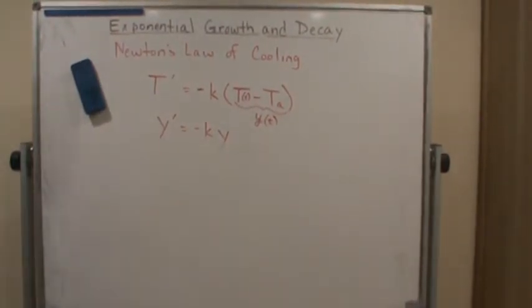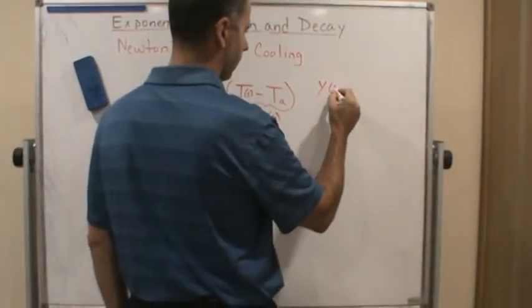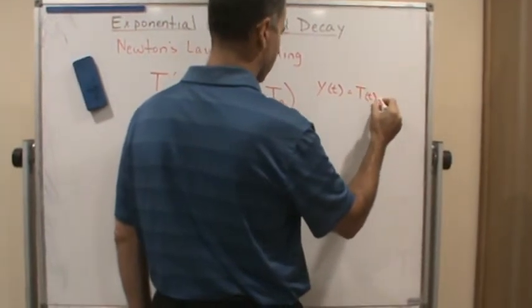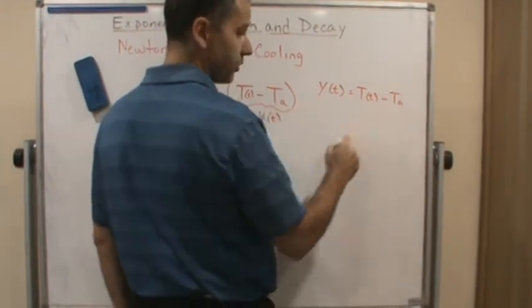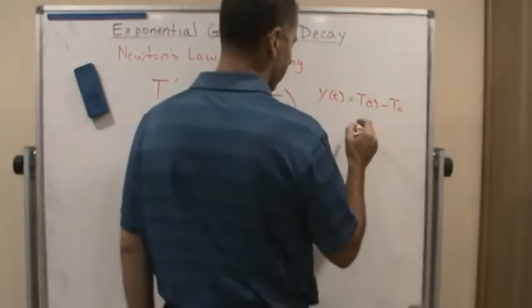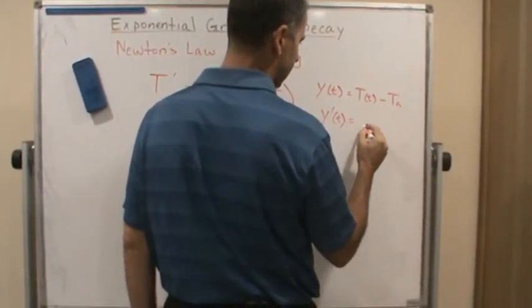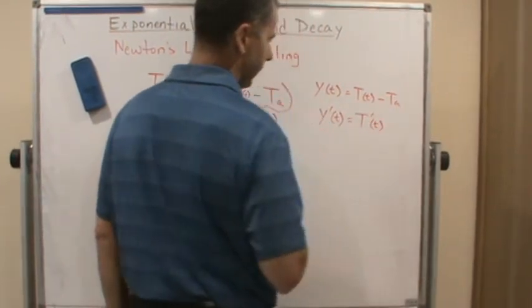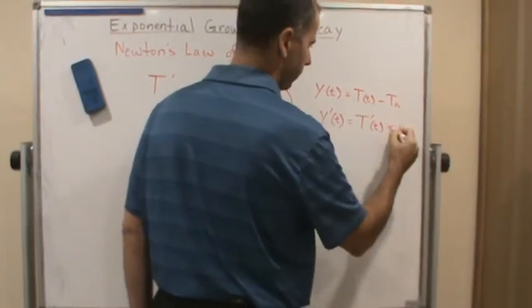So now, we're assuming that the surroundings pretty much stay constant, okay? So that means y prime, in this case, is going to be T prime of t. And then of course this goes to 0, right?